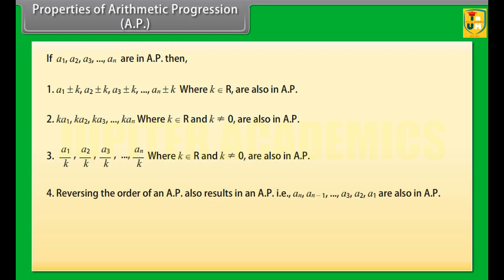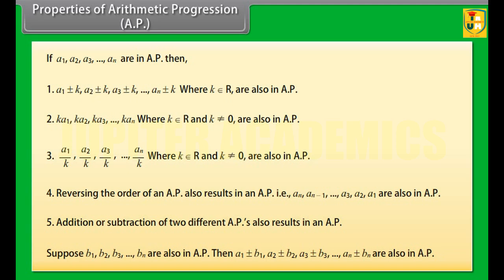Reversing the order of an AP also results in an AP, that is, An, An minus 1, up to A3, A2, A1 are also in AP. Addition or subtraction of two different APs also results in an AP.